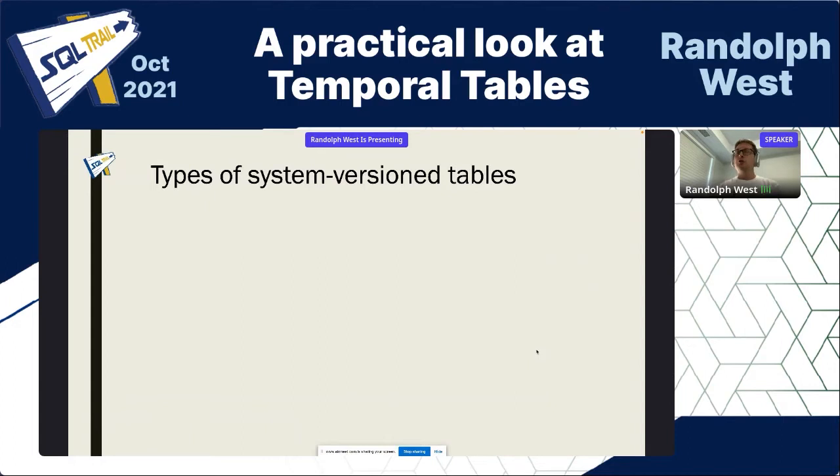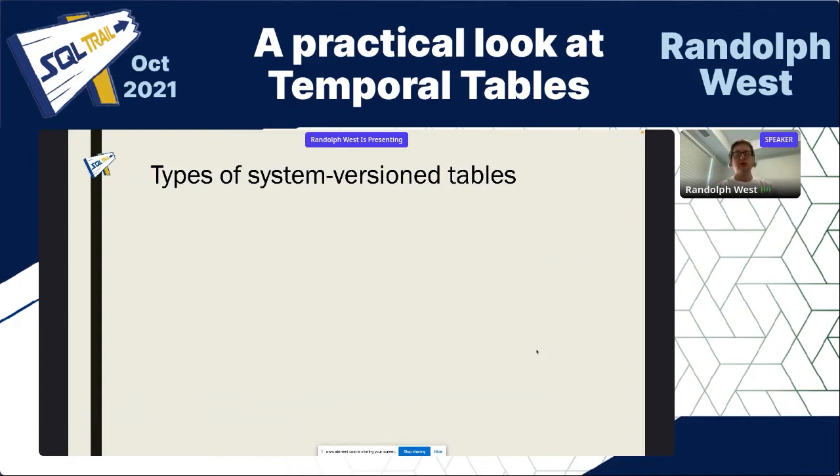There are 2 now since June. I think it was June when it was made into a preview. There are 2 ways of doing system versioned tables in Azure SQL DB, and currently 1 way of doing them in SQL Server. Now, if history is going to dictate anything to us, it's going to say that this feature will eventually make it into SQL Server 2022, probably the next version.